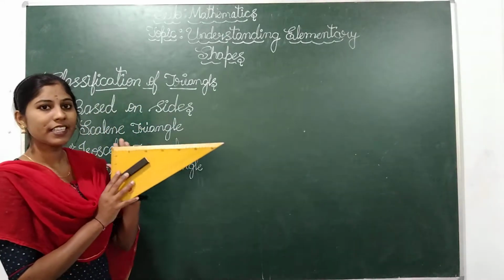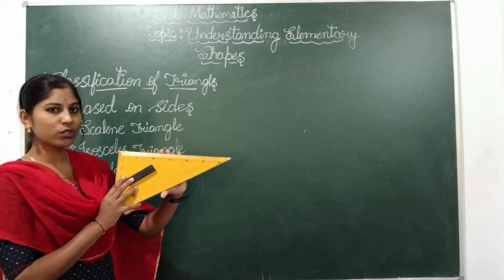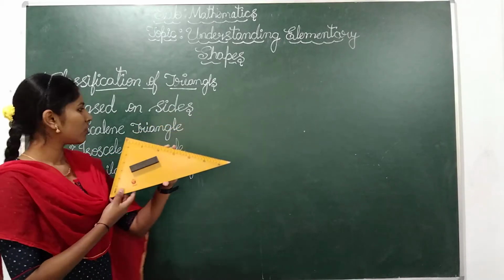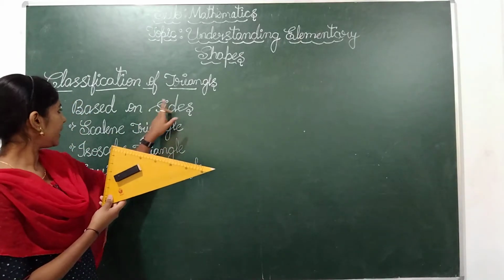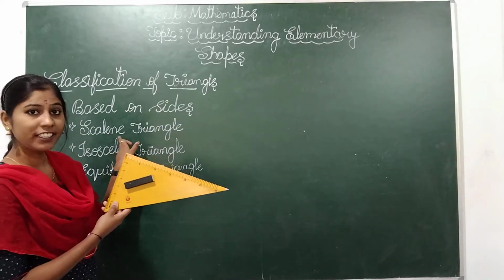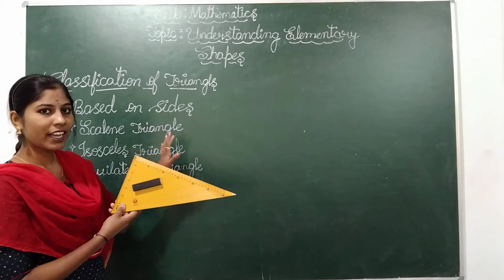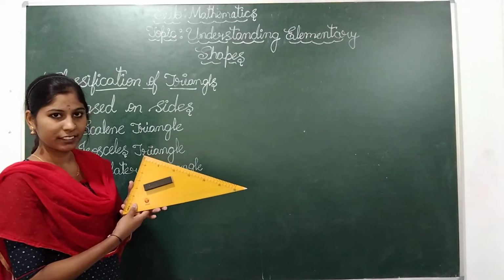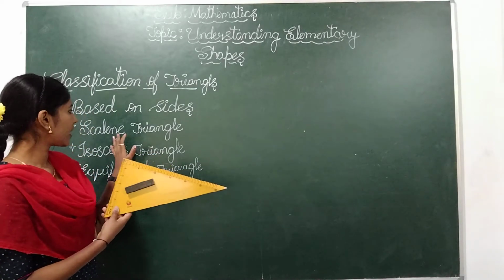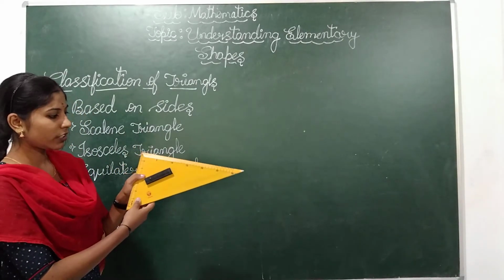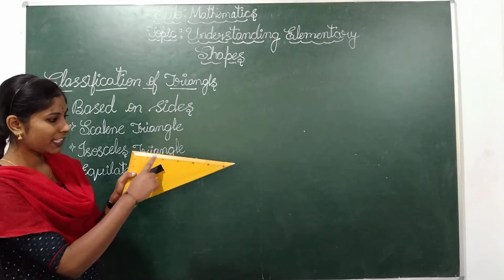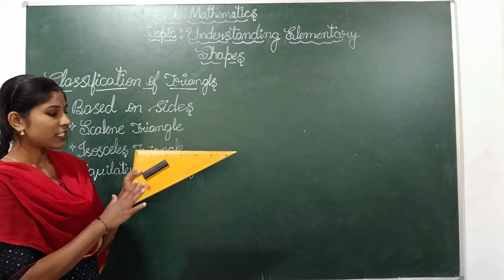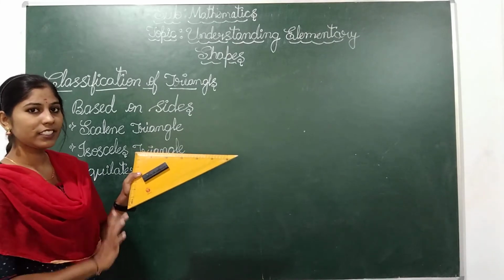This is called a scalene triangle, and this is also an example of a scalene triangle. So on the basis of sides, the first one is the scalene triangle. This length, this length and this length are different lengths.